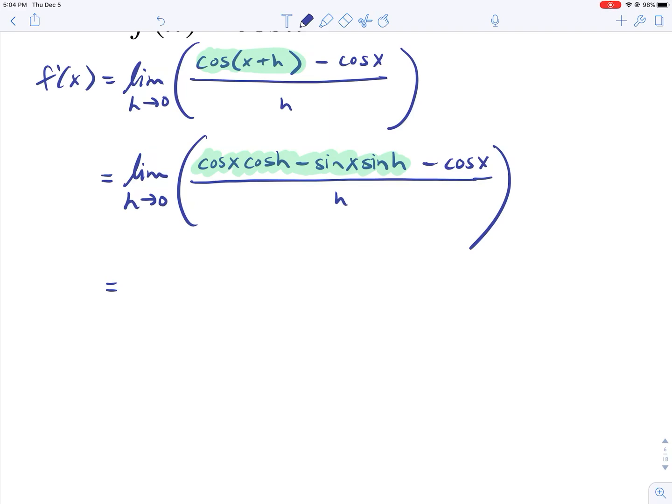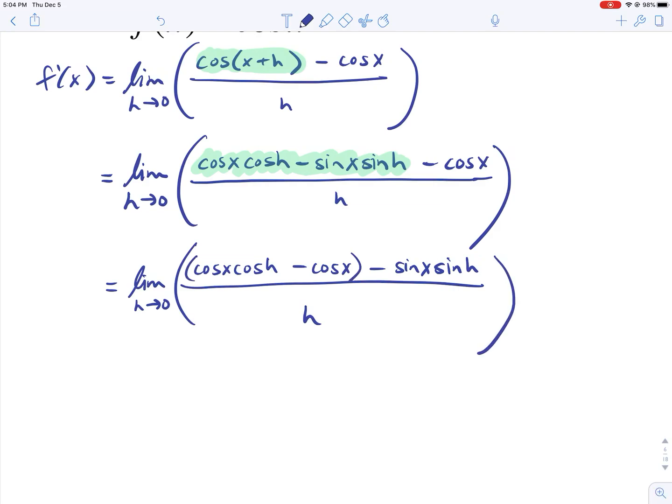Okay, so again, by the associative property of addition, I am going to rearrange the numerator. So I'll have cosine of x times cosine of h minus cosine of x, minus sine of x times the sine of h, all over h.